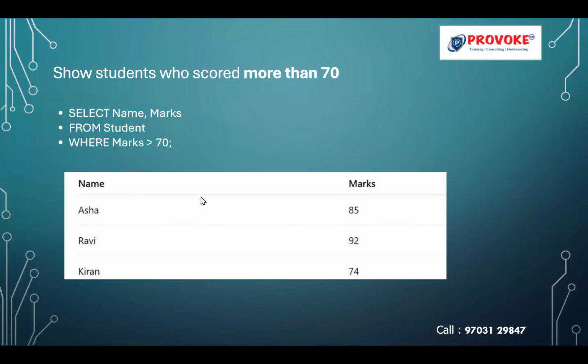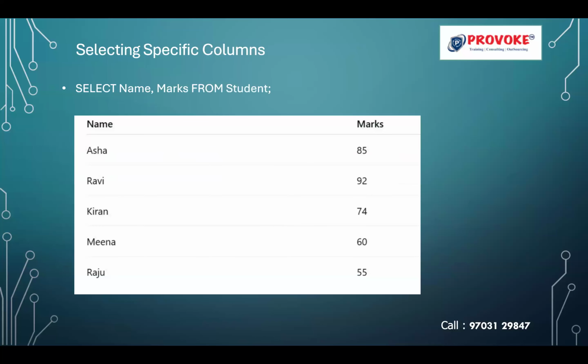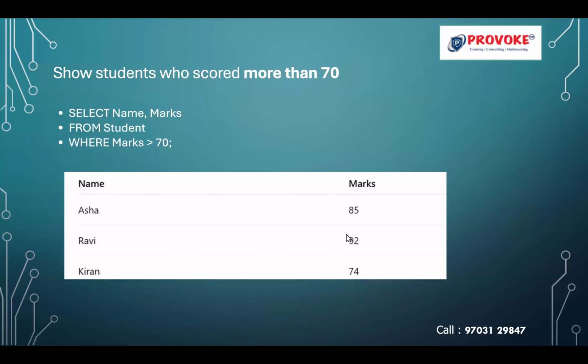Whomever got marks greater than 70 only will be displayed. If you see in the original one, you have 3 records greater than 70. These 2 are less than 70. So that's why it is filtering only the marks which are greater than 70.